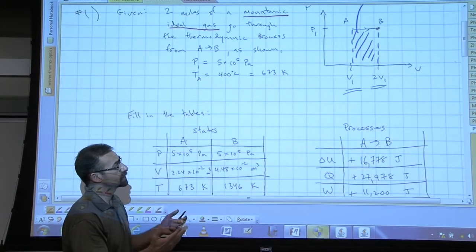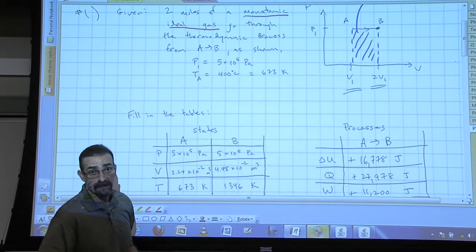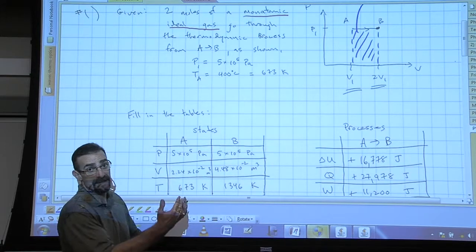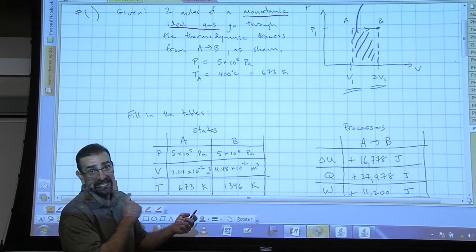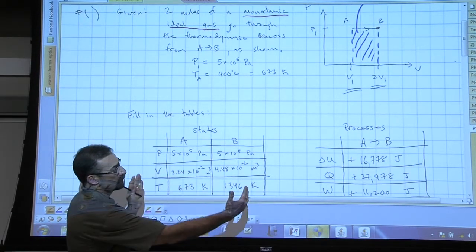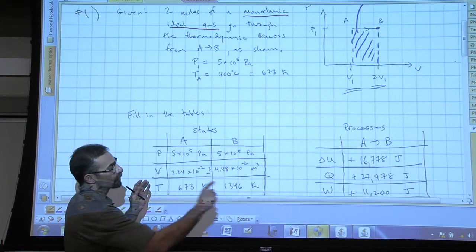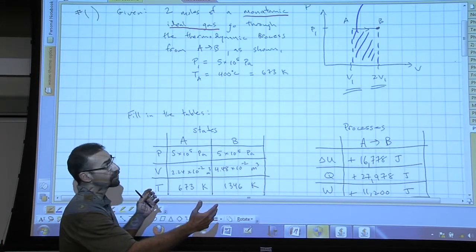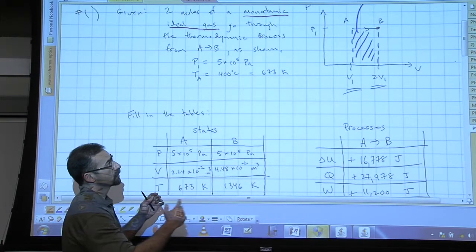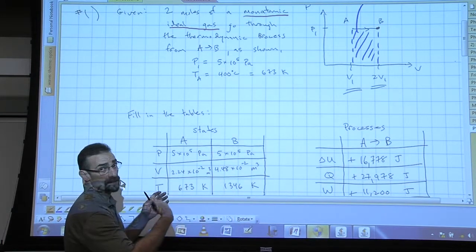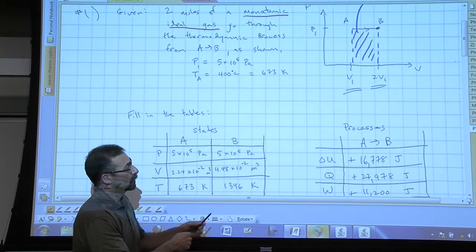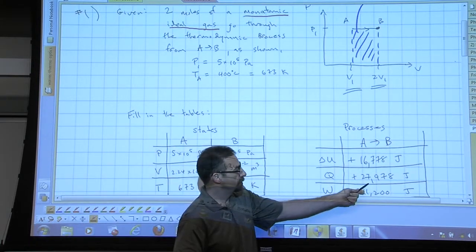So how could it have stayed the same? Well, we put some heat in. We heated up the gas molecules so that they were moving faster. So even though the volume is bigger, they still collided with the wall enough to keep the pressure the same. So they had to be moving faster because they're covering a bigger area now. So we had to have put heat in.